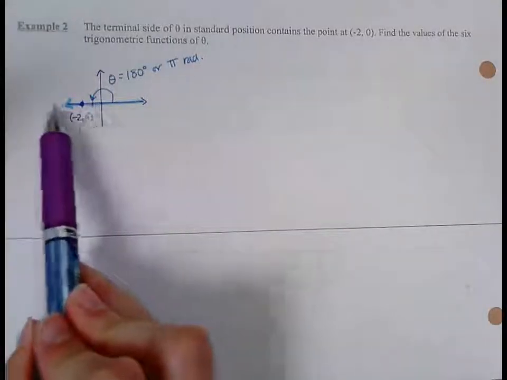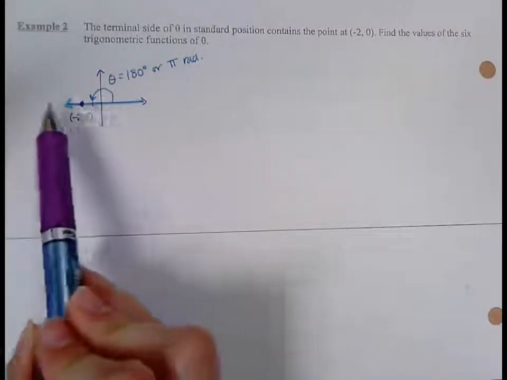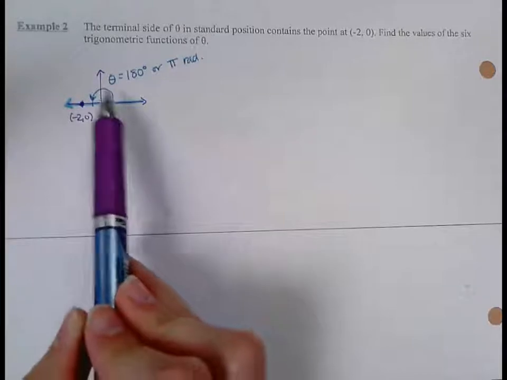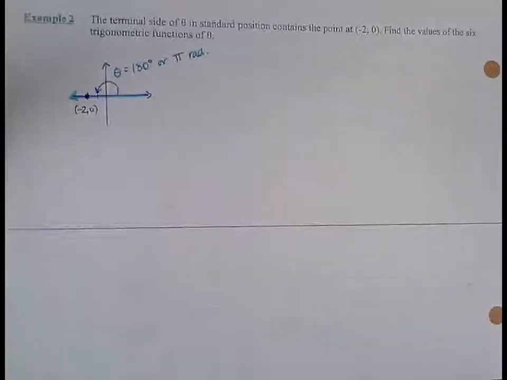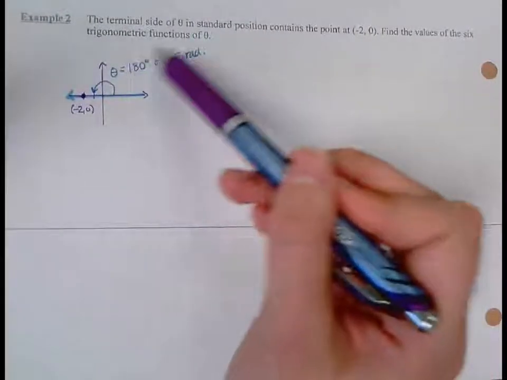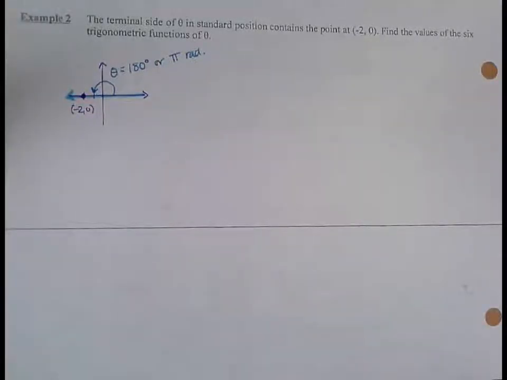So any point you have on that negative x-axis, all of those trig values should be the same because they're for the same angle measure. So here we're finding sine, cosine, tangent, and so on of 180 degrees.